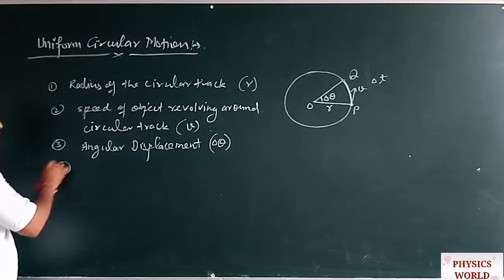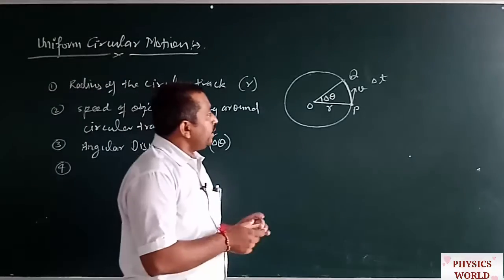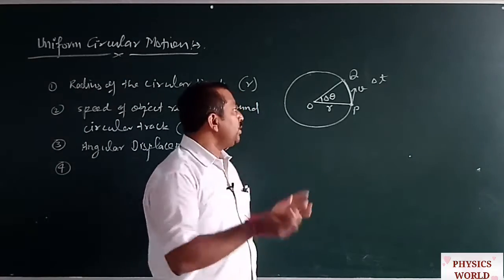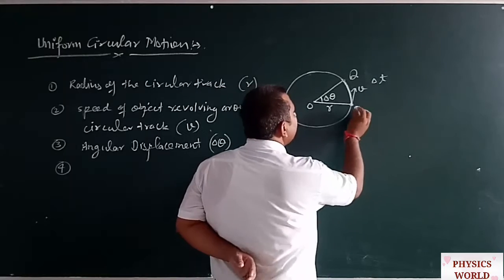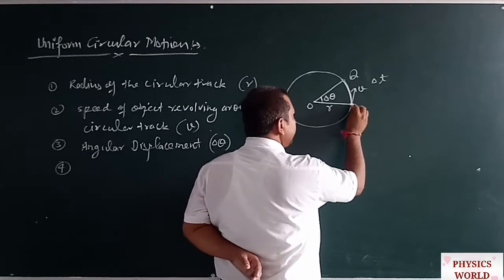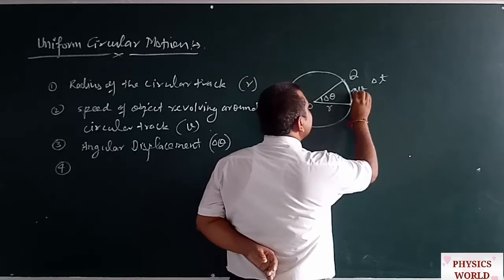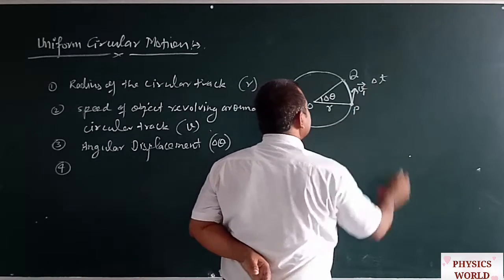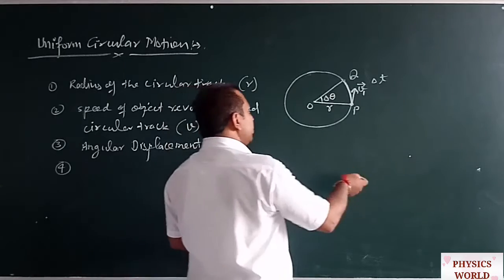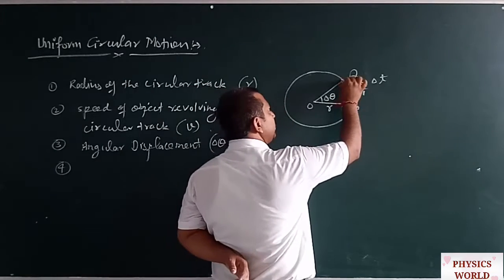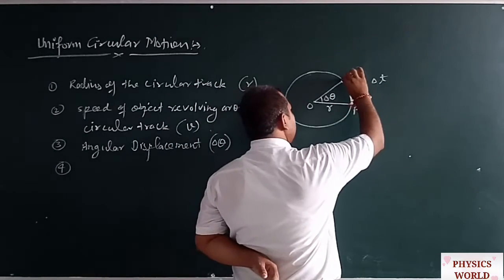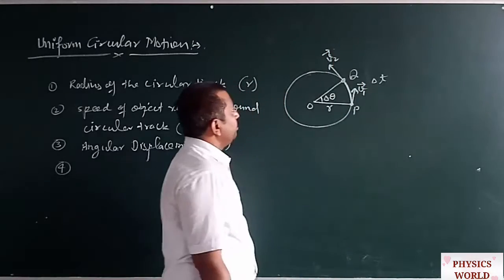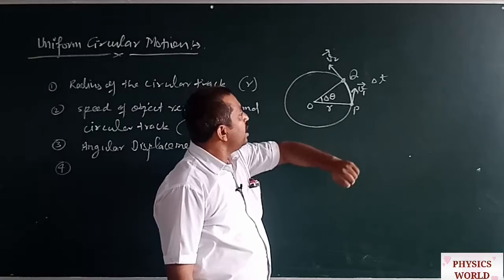Now fourth, if we are discussing the velocity, then we find that the velocity of the object at point P is along the tangent drawn from this point, and if we assume this as vector v1, and if we again calculate the velocity of the object at point Q, we will find this is vector v2.